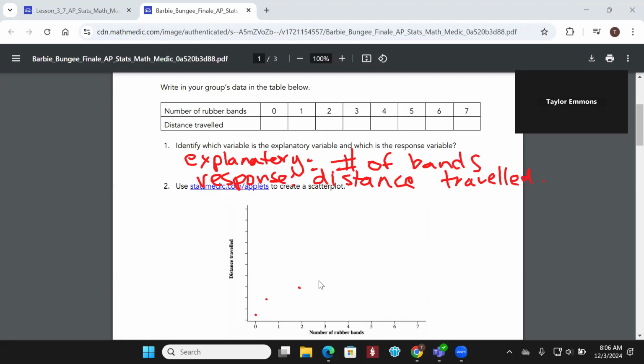Mine looks like that, roughly. Okay, cool. This should be two quantitative, because we have the number of bands and then the distance traveled. So those are two numbers. Does that make sense?